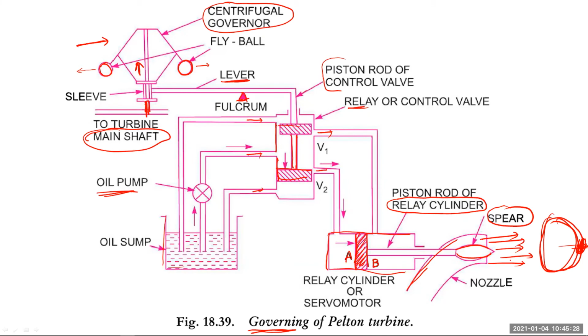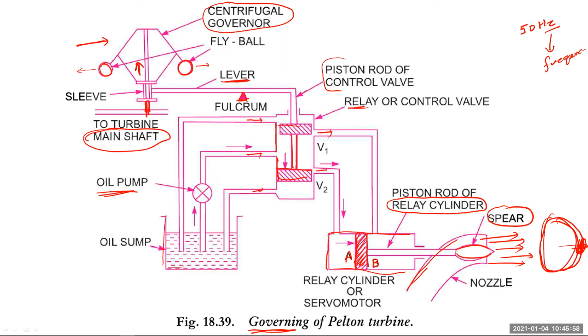And for our domestic purpose at our home, we get 50 Hertz, Hz, which is the unit of frequency. So to get a constant frequency throughout the operational cycle, we need to maintain the speed to be constant. We need constant speed at any loading condition.